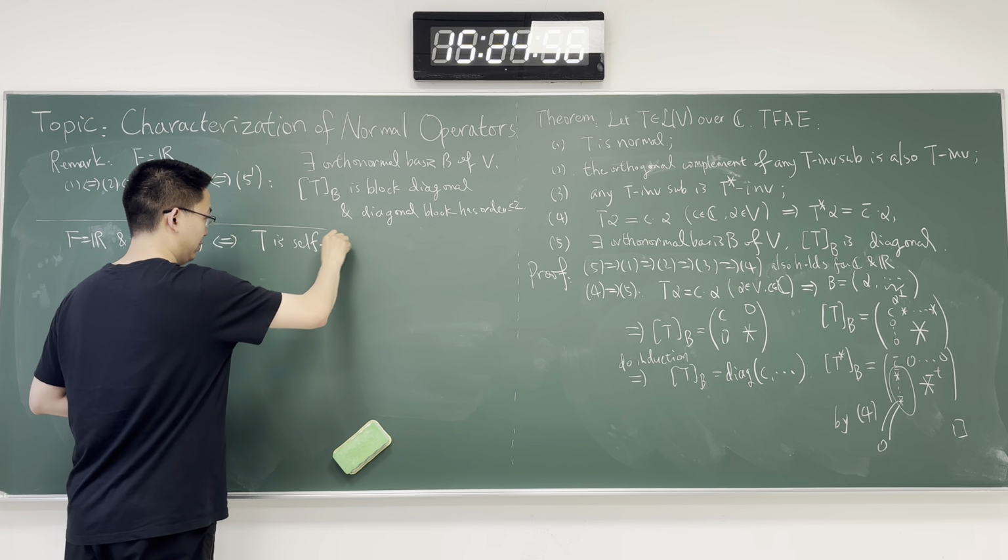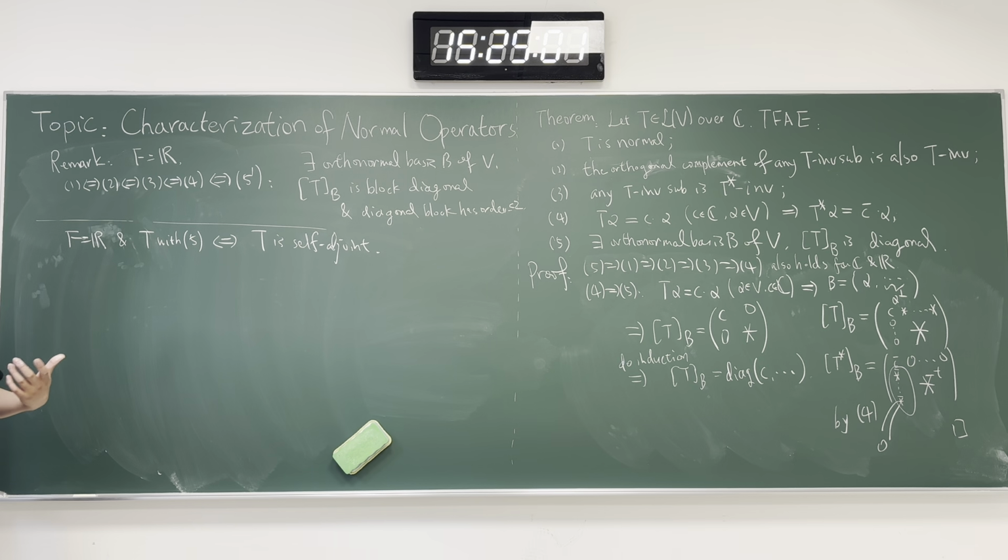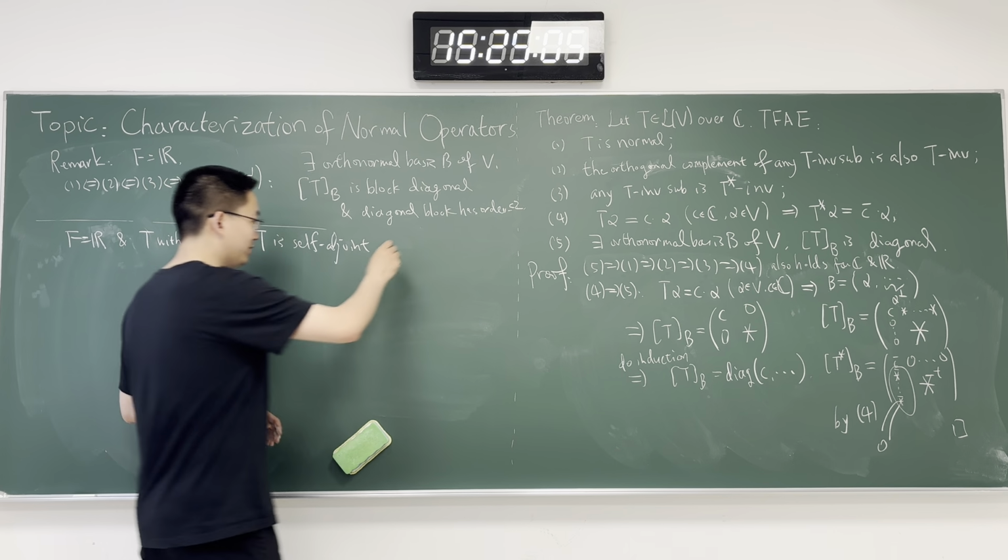And it in particular means that any eigenvalues of a self-adjoint map must be real. That's very good. Excellent.